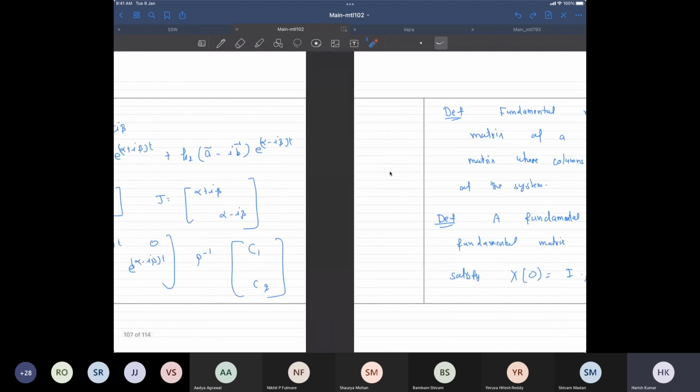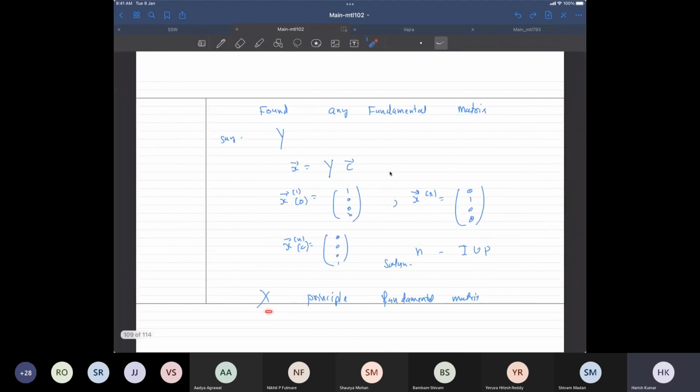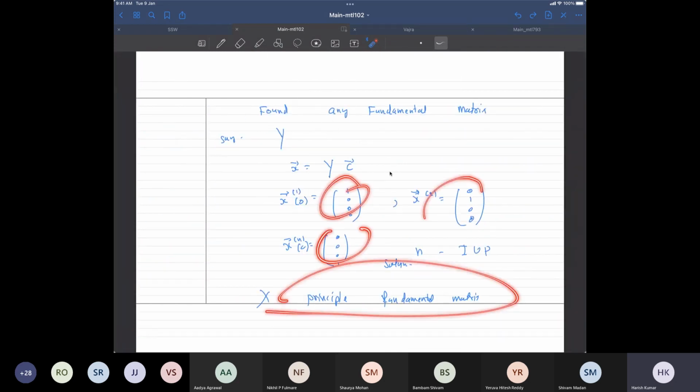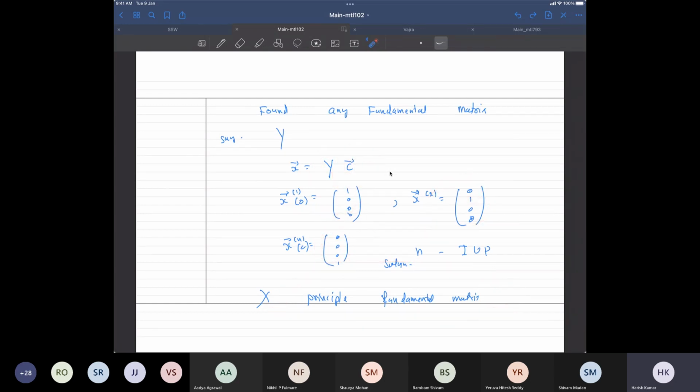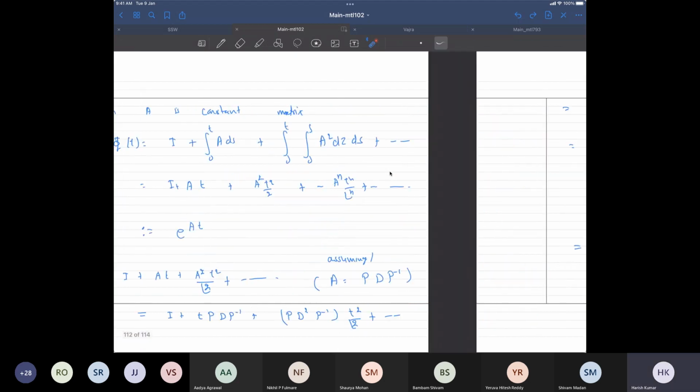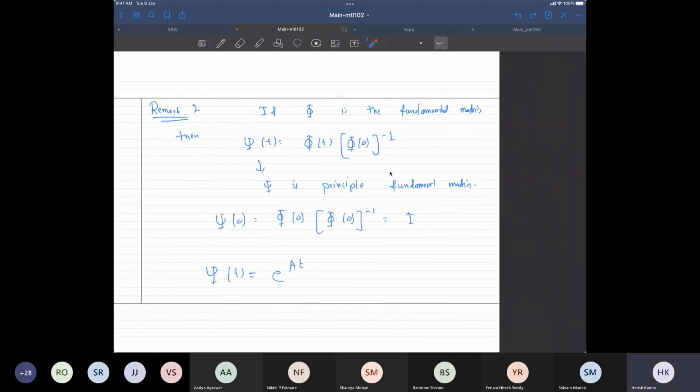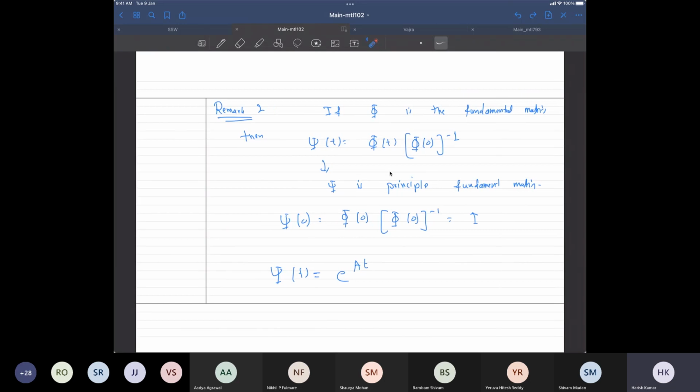So this C will be nothing but the inverse of y at 0. So then this becomes a fundamental matrix, sorry, the principal fundamental matrix.